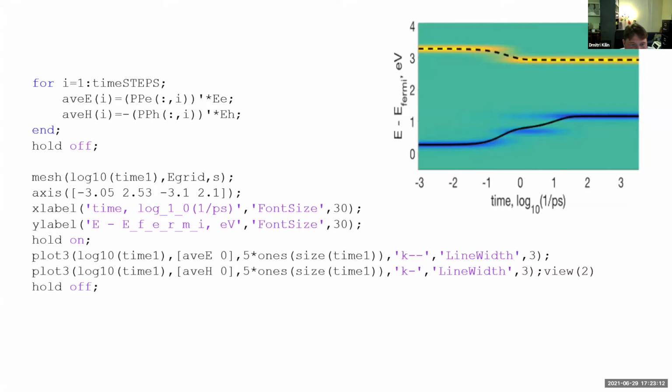The PPE apostrophe times the energy of electrons. So this line includes summation over all electronic orbitals. PP is a matrix, EE is a vector, and matrix by vector includes summation according to the row by column rule.